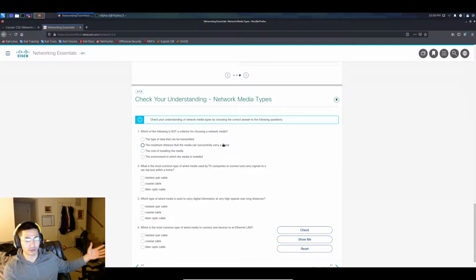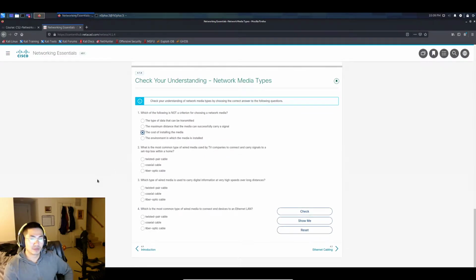If you want long distance travel, you probably want to use fiber optic over Ethernet. So probably not this one. The cost of installing the media, maybe, and the environment in which the media is installed. We talked about how fiber optic, because it uses light, doesn't get any electrical interference. So I'm going to go with the cost of installing the media through the process of elimination. And if we get it wrong, we get it wrong. But I think that's a good answer.